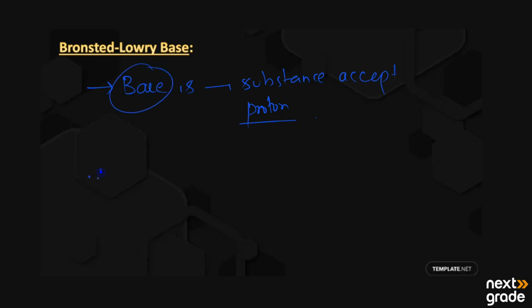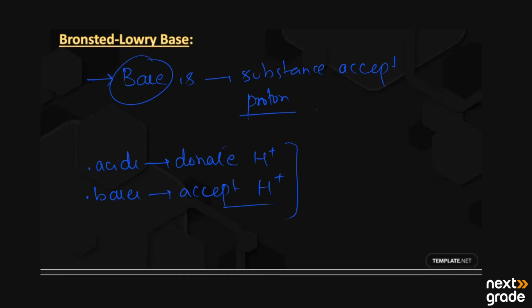Acids can donate the protons and the bases can accept that proton. So this was the main concept proposed by Bronsted and Lowry. The two scientists worked independently.